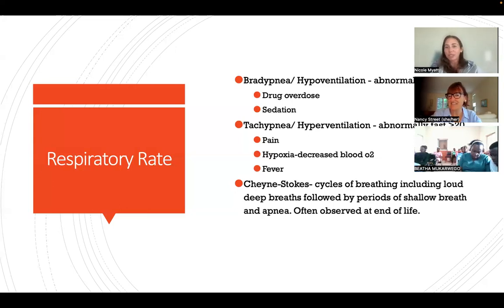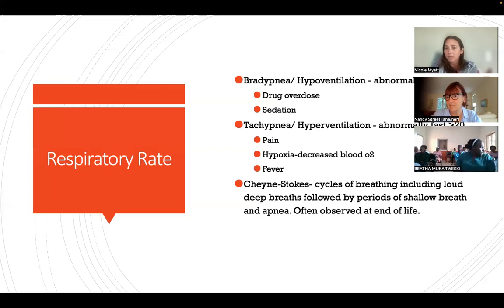So when someone's breathing less than 12, which is what we've said is normal, what are some of the reasons? So unfortunately, here in the Northeast, in a lot of the United States, we have a real opiate epidemic. And certainly the hospital that I work at, Boston Medical Center, is what we call a safety net hospital. So we do have quite a lot of people with substance use disorder.